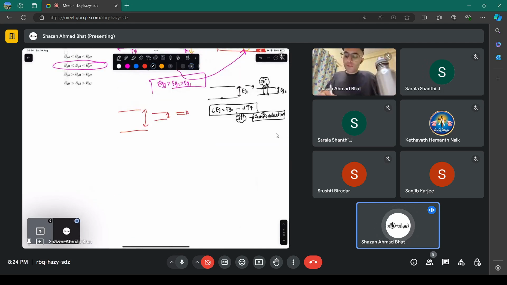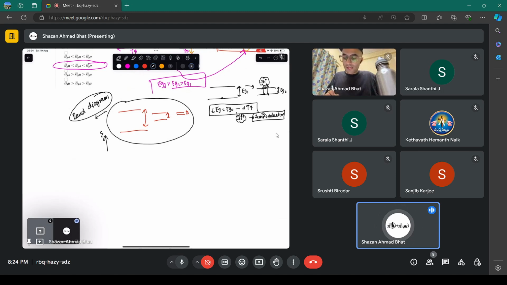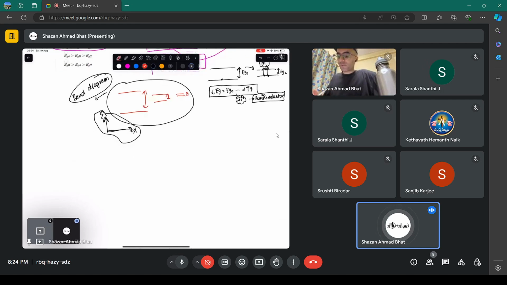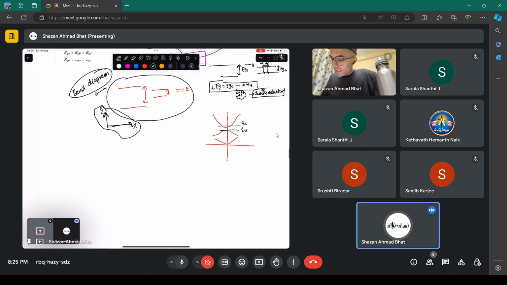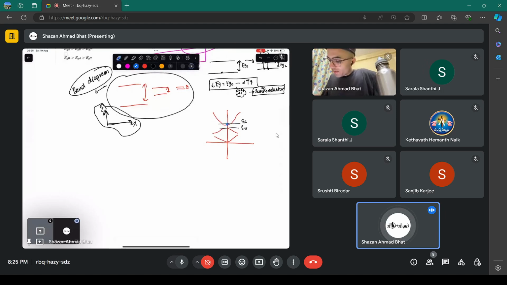And this particular thing, what you call the band diagram, this is E versus X, E versus space. This schematic actually comes from the band structure, because if you consider the band structure like this, where this is the valence band and this is the conduction band, you only treat this particular region and draw it here in E versus X. That is what the band diagram is.